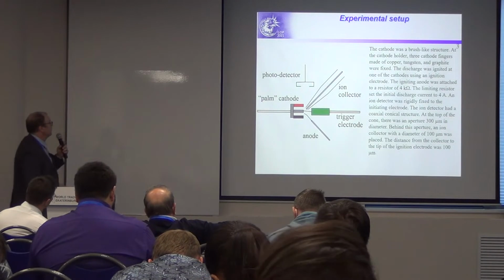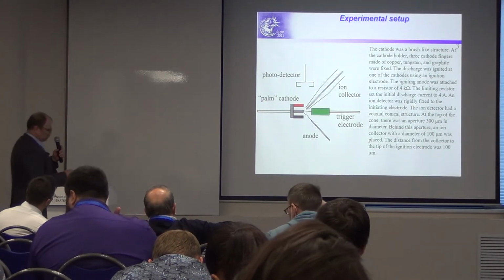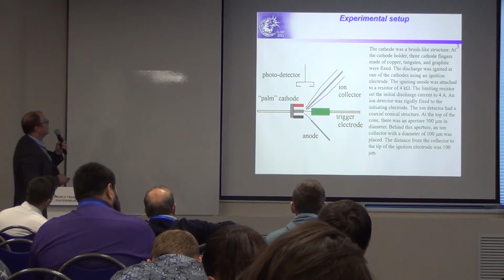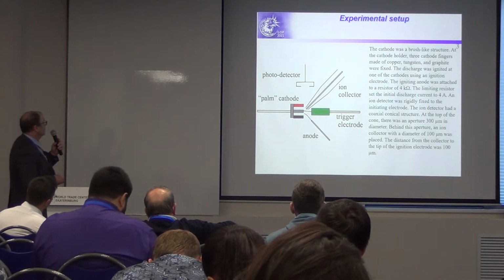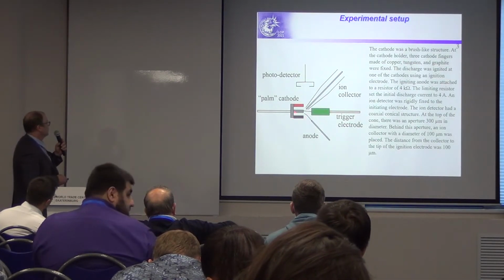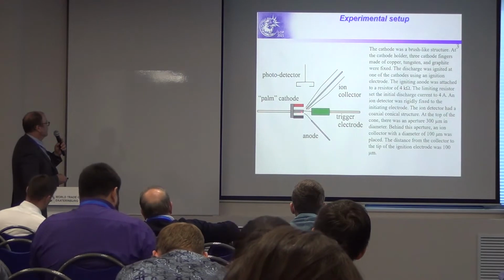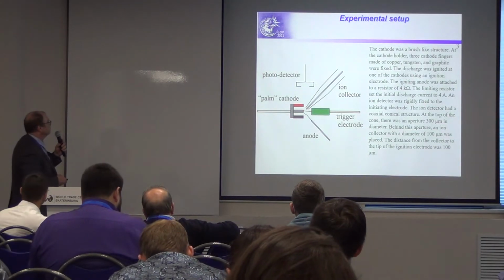The experimental setup. The cathode was a brush-like structure. In this brush was a copper pin, a tungsten pin and a graphite pin.